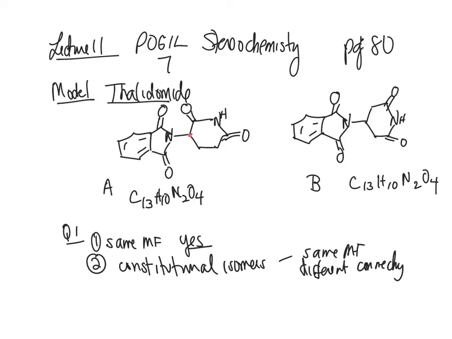This is connected here, so we have the carbonyl. This is actually the imide. It's called an imide, with the nitrogen between two carbonyls. So that's 1, 2 here. Here we've got a methylene in between the imide. So you see how it's different connectivity? It's constitutional.